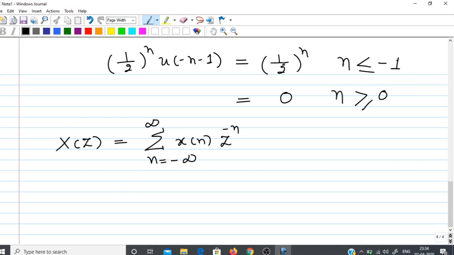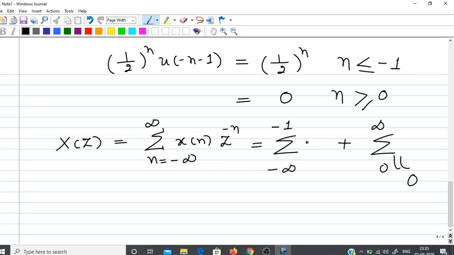For this particular sequence, I split this summation into two parts, one from minus infinity to minus 1 and the other from 0 to infinity. From 0 onwards the sequence is 0, therefore this summation will vanish and you will get 0.